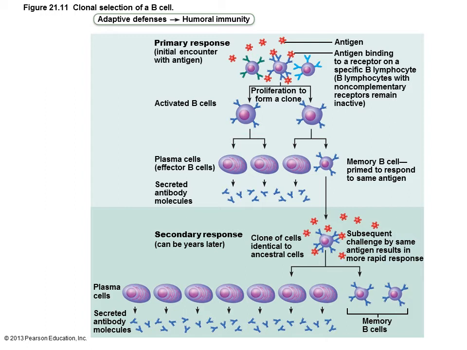Those plasma cells will now secrete a huge amount of antibodies, which will eliminate the antigen that the naive B cells encountered at the beginning. Also, part of those clones that do not become plasma cells become memory cells, and they provide immunological memory, and they can wait for future exposures to the same antigen.